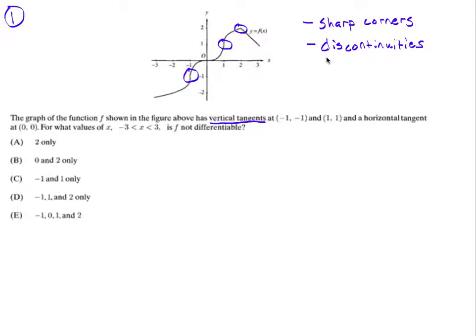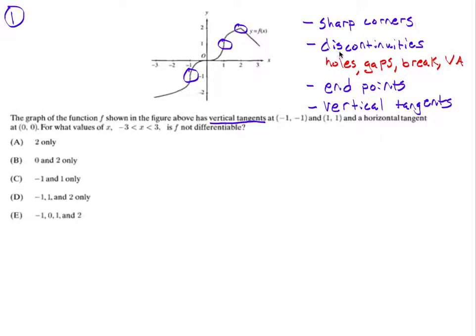This is going to be holes, gaps, breaks, or a vertical asymptote. We also have, what else? We have endpoints. And finally, let's see if you guys can get the last one. It is vertical tangents.